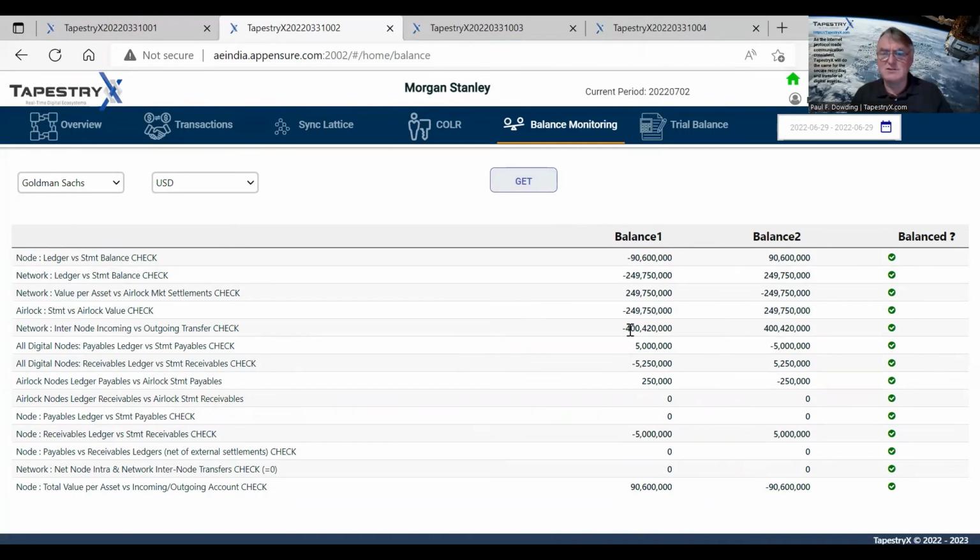Gross turnover should be the same, but you'll notice that the receivable will jump up to the payable. So again, Goldman has slightly less than 20 million, but the total in the network is the same. So this way, we're running trial balances and monitoring the balance of all the assets in the network, all confidentially, but on an aggregate gross basis. So we're synchronizing not just in the blockchain methodology, but on the accounting as well.